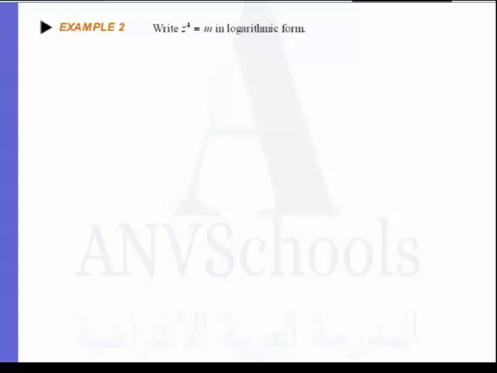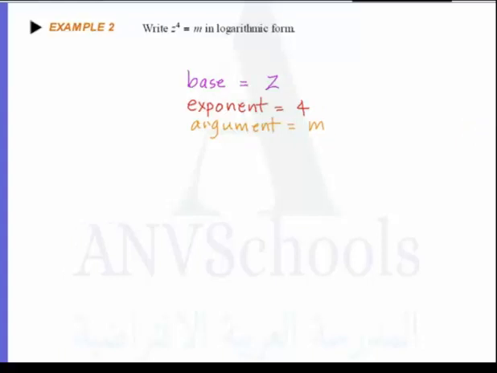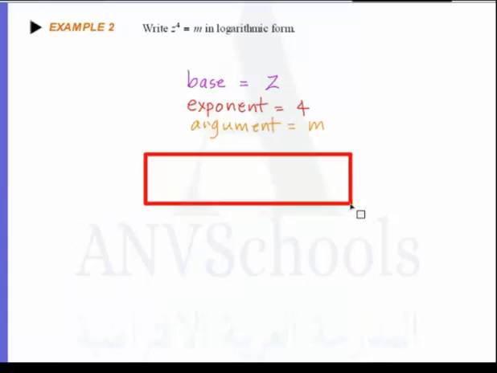First we have to identify our base, which is z, because it's the one raised to an exponent. Our exponent is 4, and our argument is m.